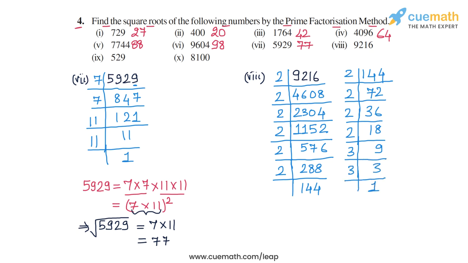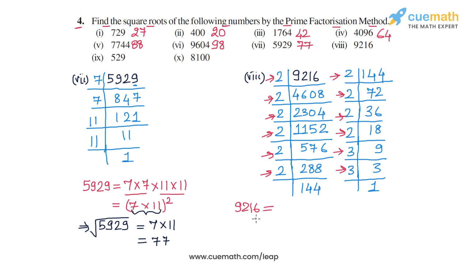So that completes the prime factorization process, and we see that 9216 can be prime factorized as how many 2's? So 1, 2, 3, 4, 5, 6, 7, 8, 9, 10. So there are 10 2's in all, and there are 2 3's.